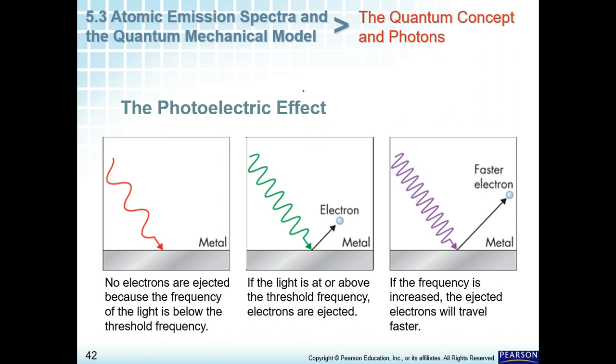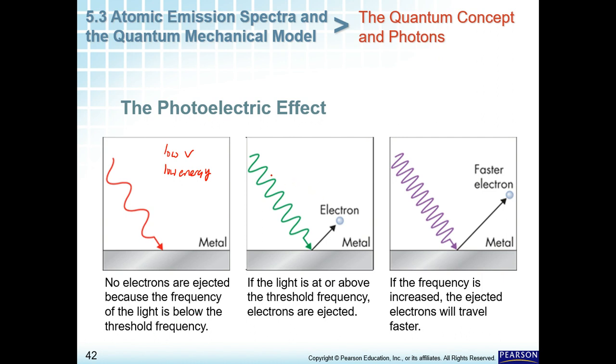In the first image, we see a red light. Note that the red light has a big wavelength, which means it has a low frequency, and that means it has pretty low energy. So these electrons are not going to be ejected because the energy or frequency of the light is below the amount of energy needed to eject them.